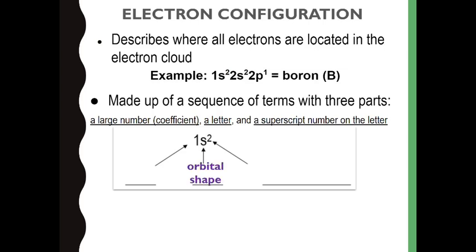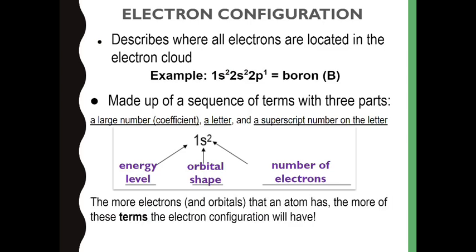The big 1, actually, let's come back to the 1, because we recognize that letter there. The letter represents the orbital shape. The big 1, the large number, the coefficient in front of that letter, represents the energy level, how big of an orbital that is. And then the superscript number on that letter tells us the number of electrons in that orbital shape on that energy level.